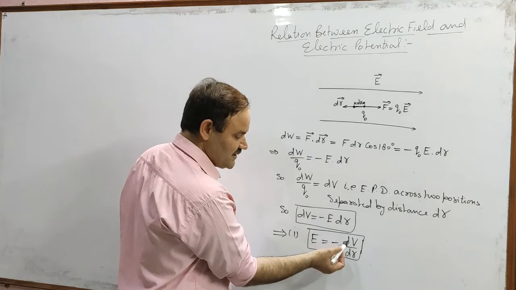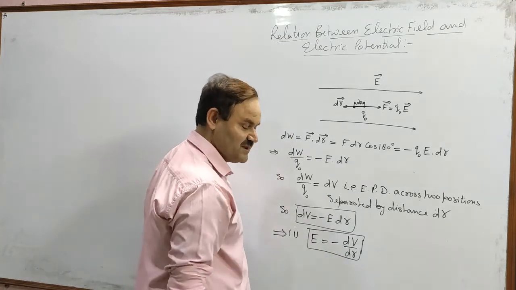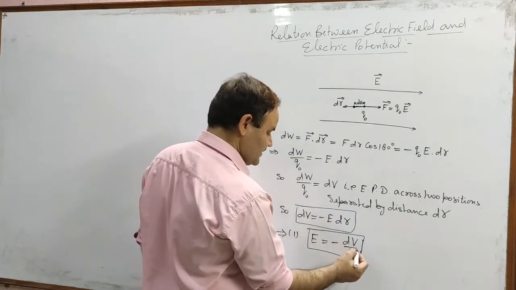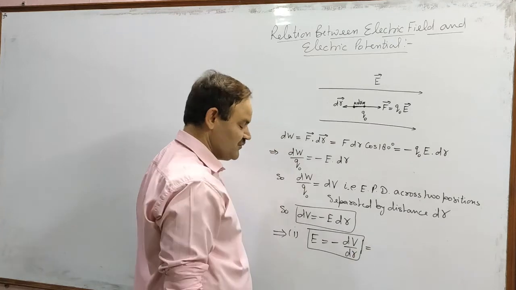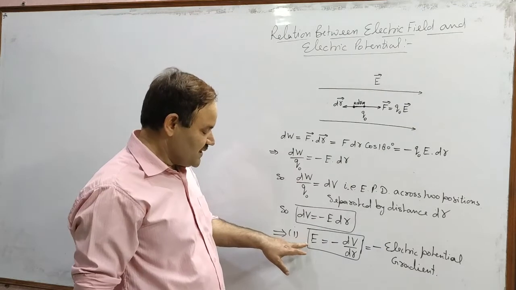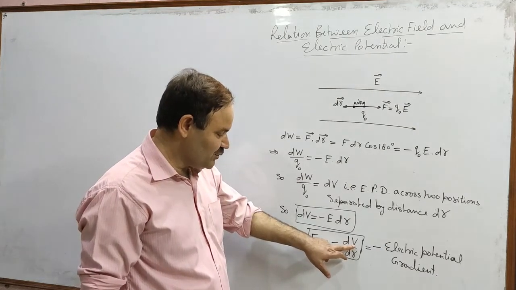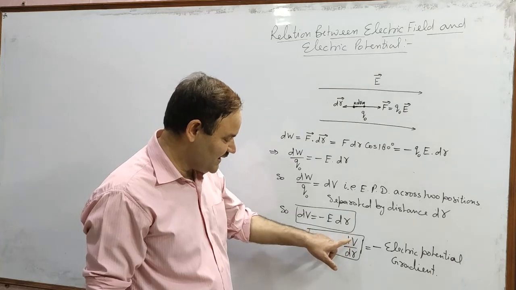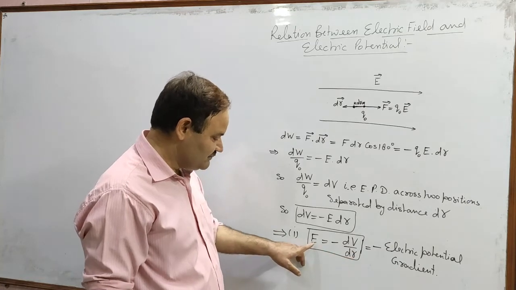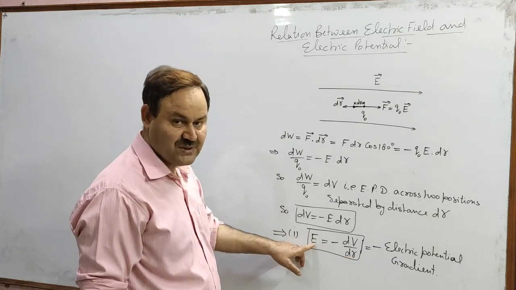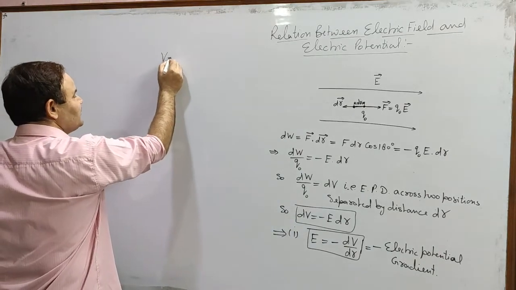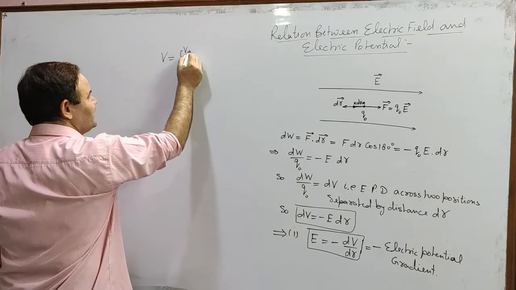Here dV by dr is electric potential difference per unit distance and is called potential gradient. Thus, electric field is equal to negative of electric potential gradient. Thus, if electric potential is known to us, then by differentiating expression for electric potential with distance r, we can get electric field. Similarly, again from this expression, V is equal to integral 0 to V dV.